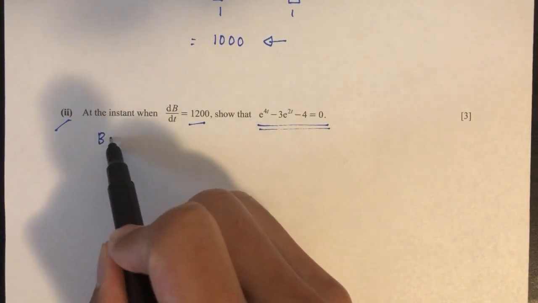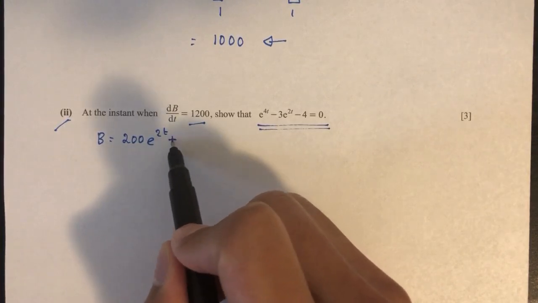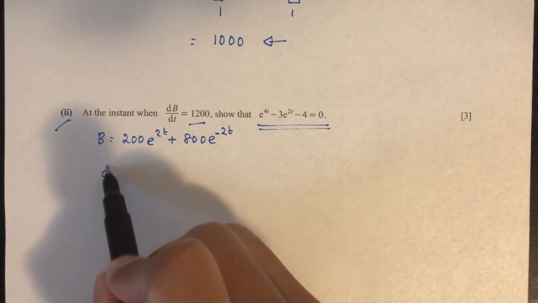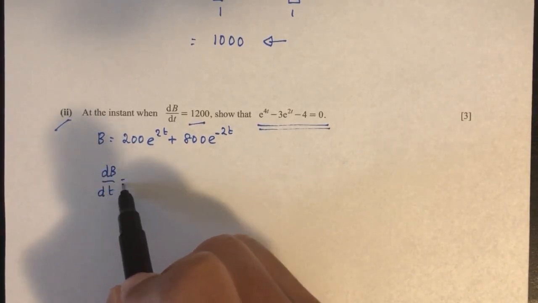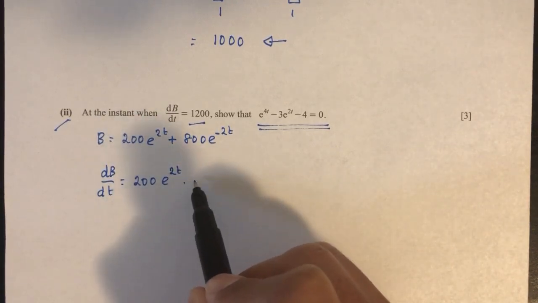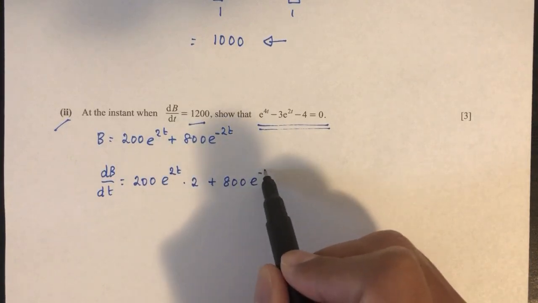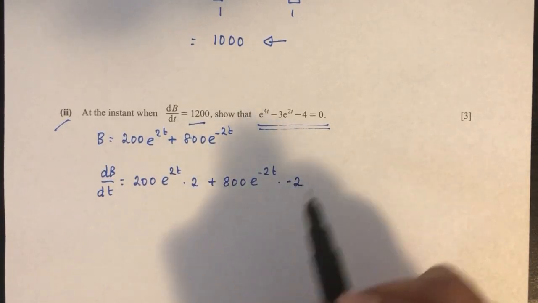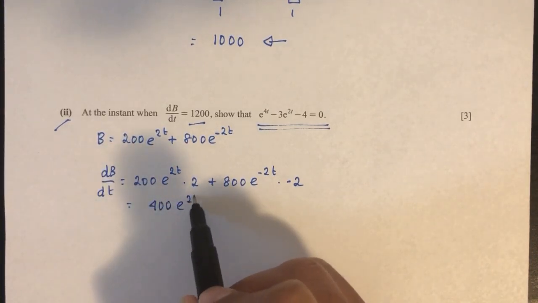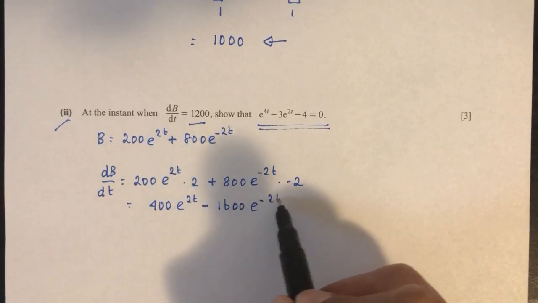We know B is given by 200e^(2t) + 800e^(-2t). Differentiating, 2t gives times 2, and for 800, 2t differentiates to times minus 2. So that will be 400e^(2t) - 1600e^(-2t).